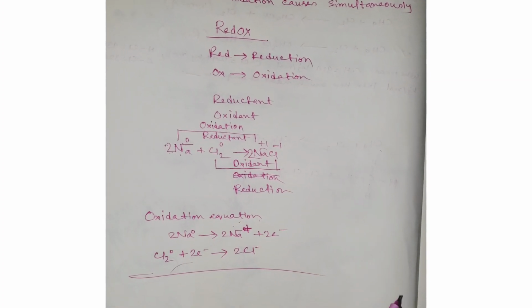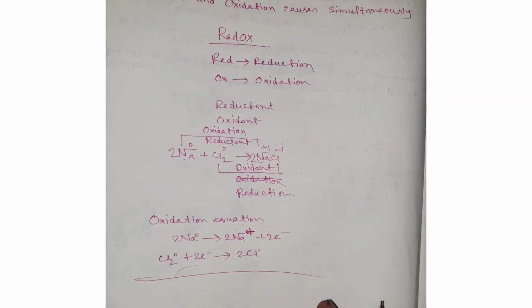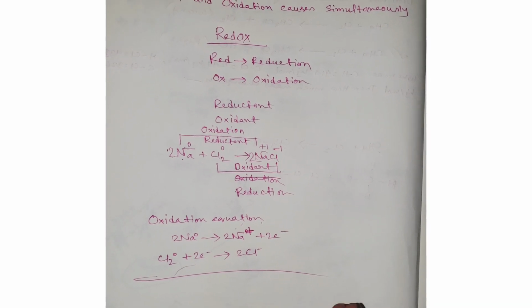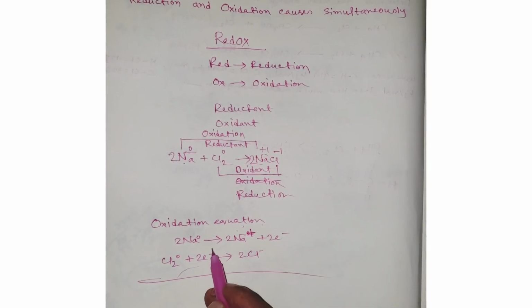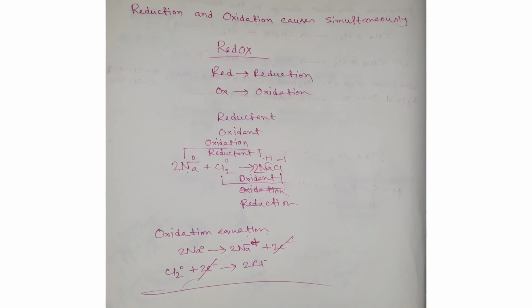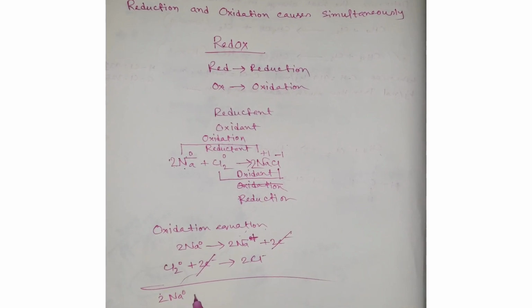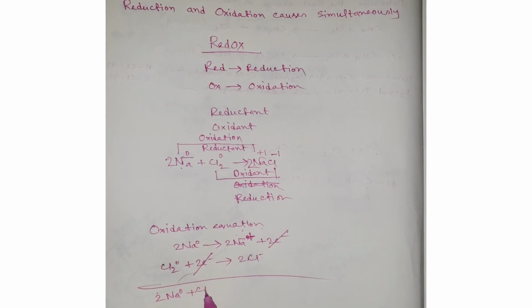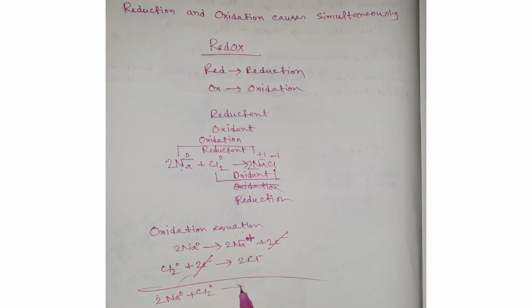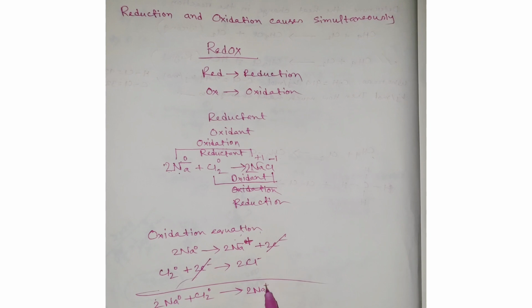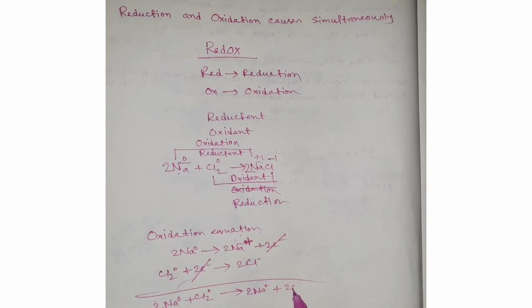One chlorine has 1 electron more, so 2 chlorine have 2 electrons more. The 2 electrons we can cancel. Then the whole reaction will be 2Na + Cl2 gives 2Na+ + 2Cl-.